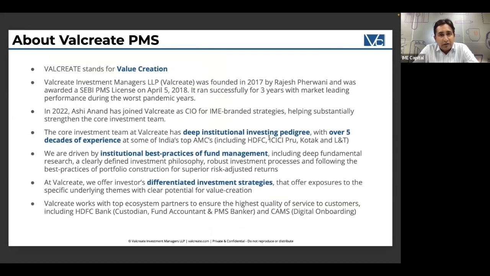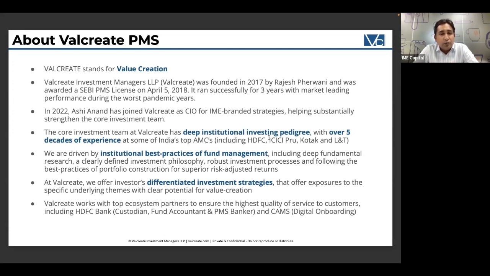ValCreate stands for value creation. We got a license in 2017, and I joined in 2022 as the CIO for certain IME branded strategies. The core team, which comprises Rajesh and myself, has fairly deep institutional investing pedigree with over 5 decades of experience in some of India's largest AMCs. These institutional best practices of fund management are what we bring to ValCreate.